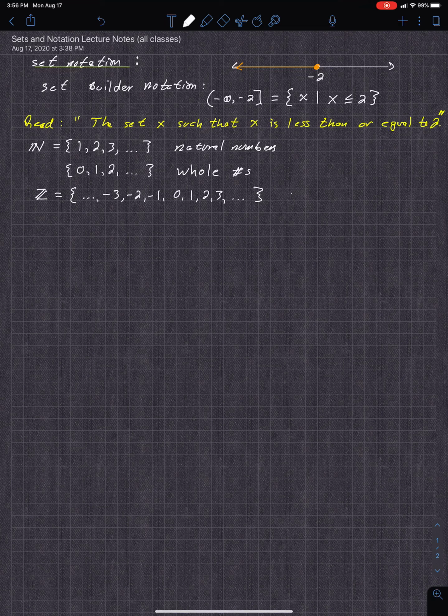Okay, so those are the integers. So I'll be using mostly integers or natural type of notation. So you'll see as we go what that's going to look like when we describe different sets. So using set builder, we can then talk about the integers and then the rationals.